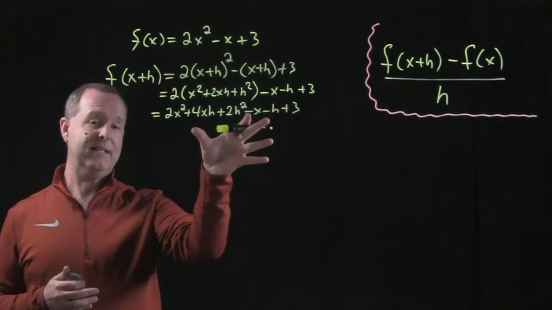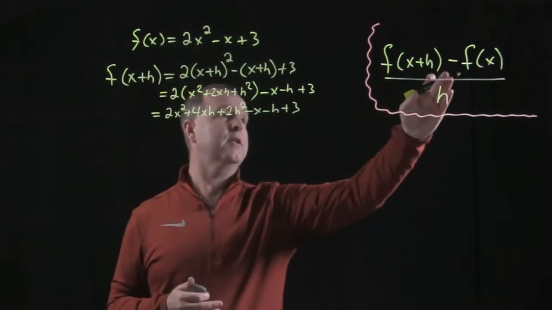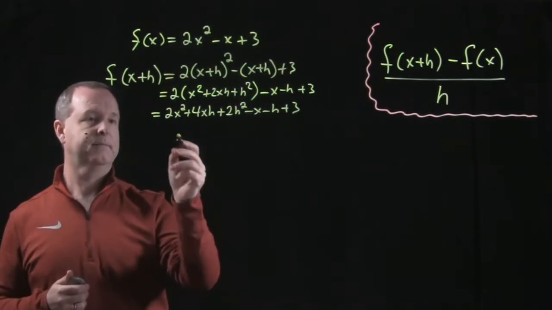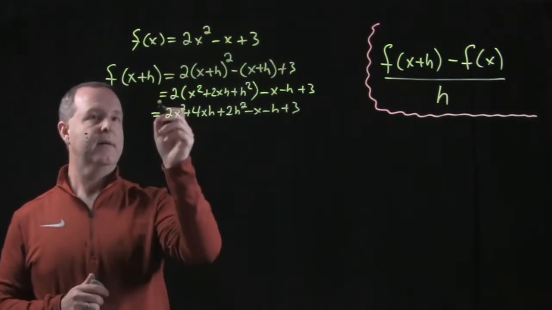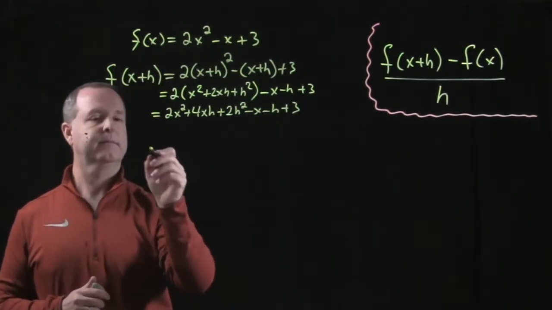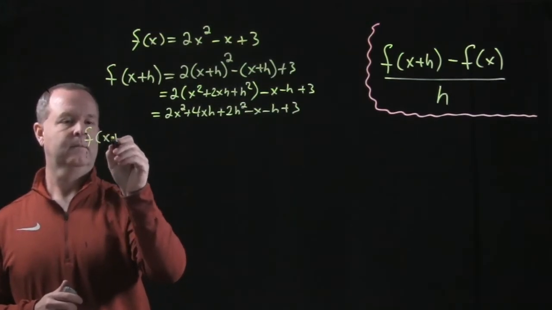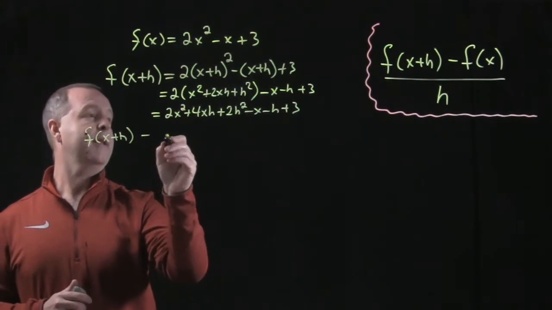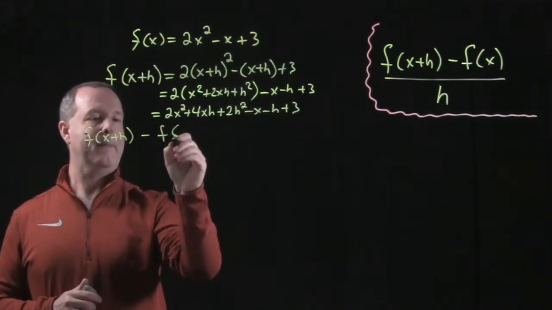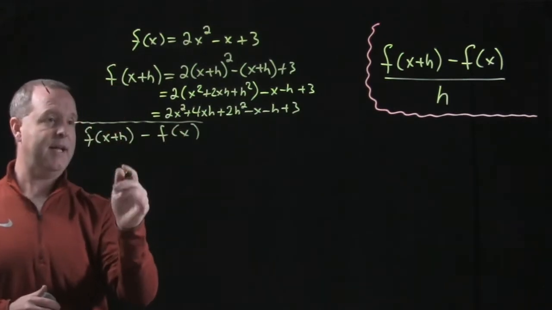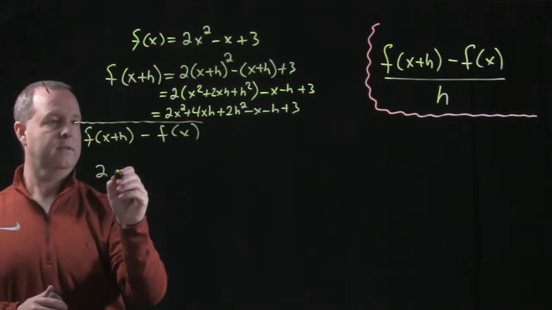We want to take this function and subtract from it the other function, f of x. So let's go ahead and write this out. My f of x plus h, minus f of x. f of x plus h was all of this junk.